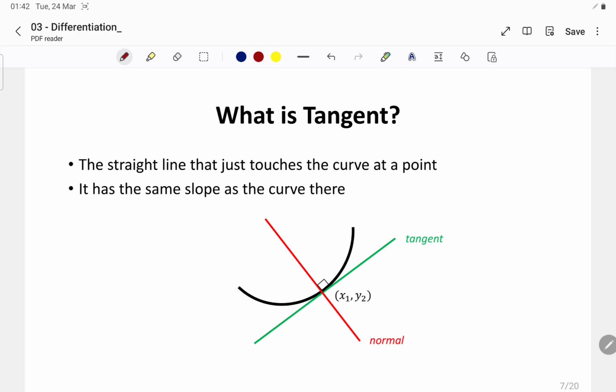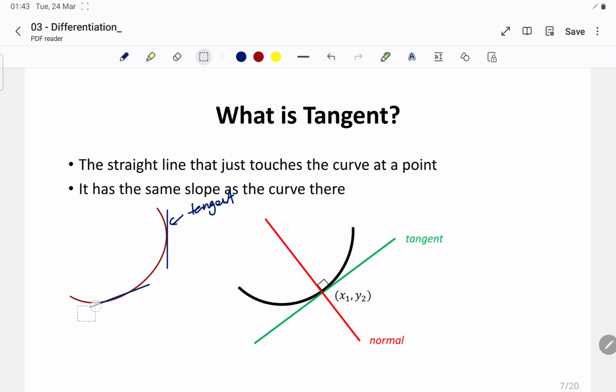Okay, so this tangent is actually a straight line that touches the curve at the point. So let's say I have a curve like this, and then now I have a straight line that touches any point. Let's say I have a point here, and I touch like this. So this blue line here is actually a tangent. It can be here as well, tangent also.